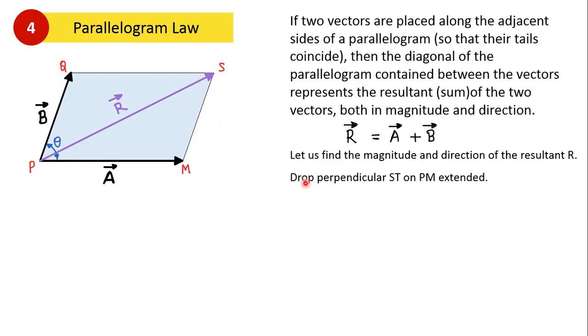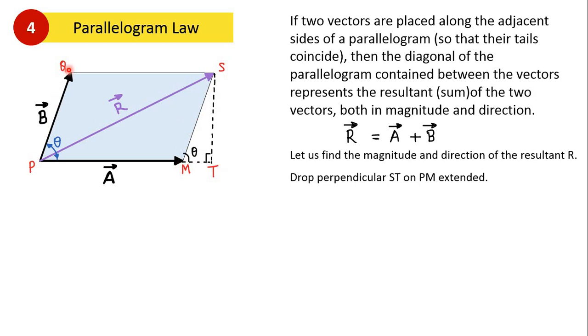For this, first of all, drop a perpendicular ST on PM extended like this. So we drop a perpendicular ST on this line PM extended to MT. This is the 90-degree angle. Now notice this angle theta. How did this angle become theta? Why is angle SMT equal to theta?